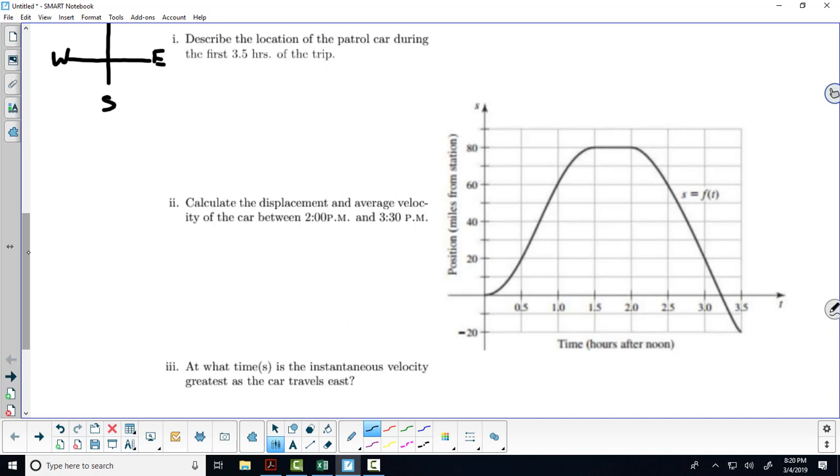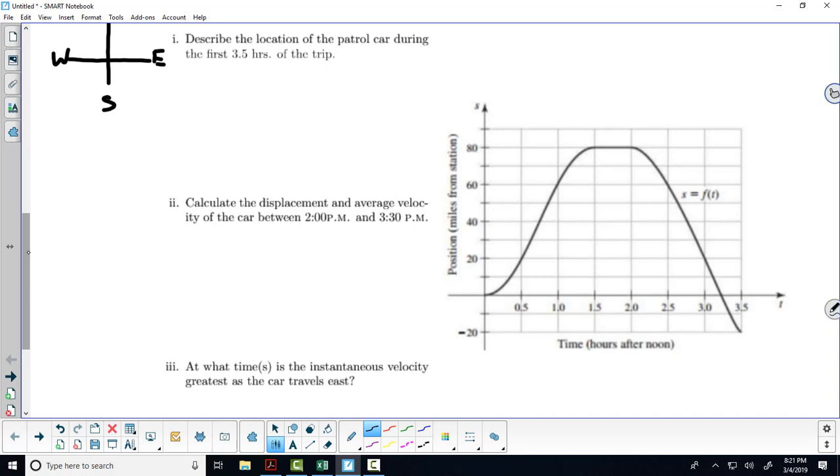So then the car starts at 2 o'clock, starts decreasing the displacement, right? The displacement is decreasing. What does that mean? Heading back to the station. The car is heading west, returning back to the station.